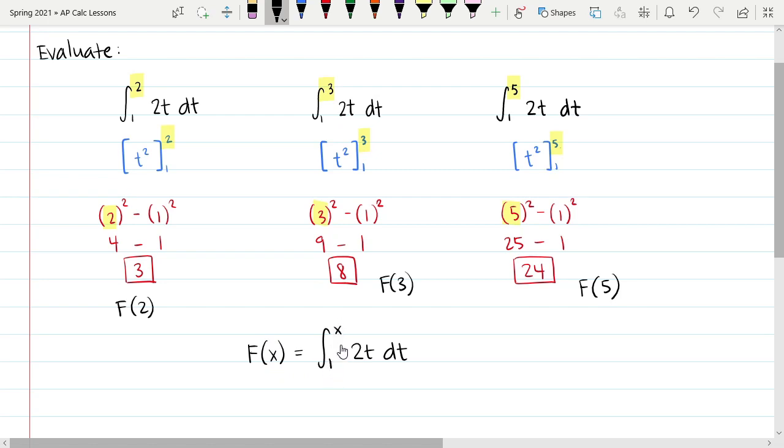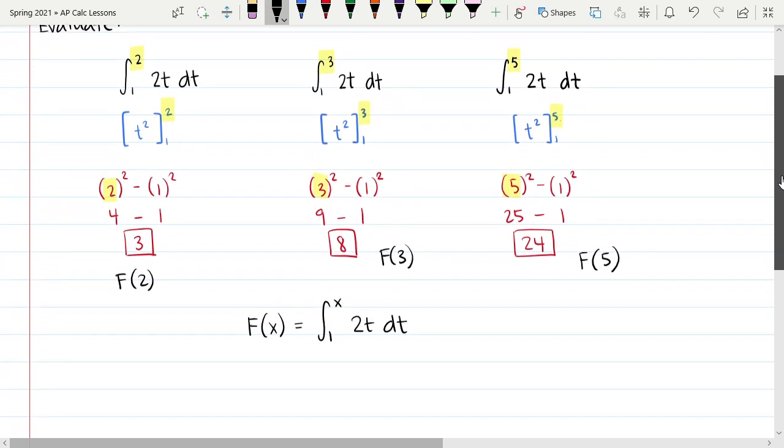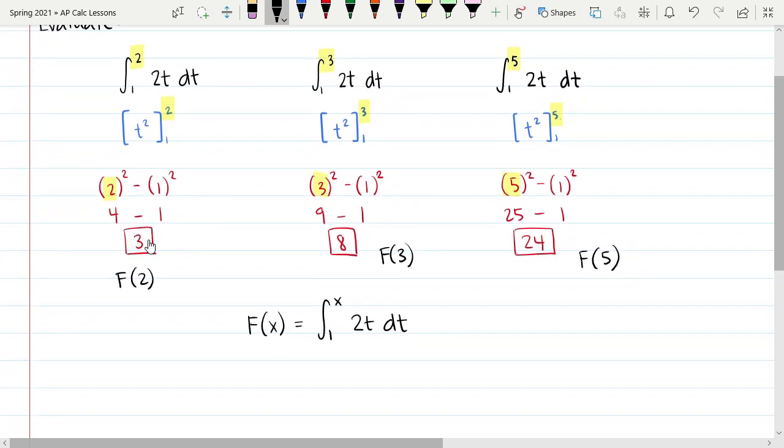One thing we can realize is that all of the work we did to get the 3, the 8, and the 24, all of those steps were exactly the same. The only thing that changed was the value we eventually substituted in. So I could evaluate this same definite integral but leave it in terms of x.